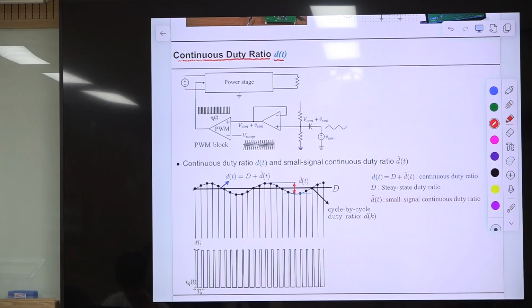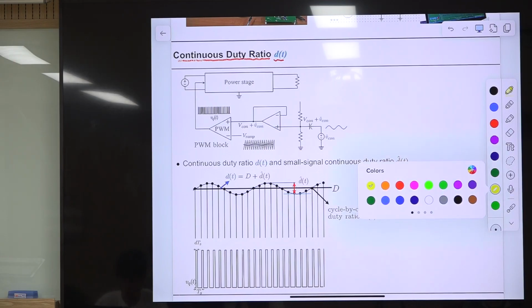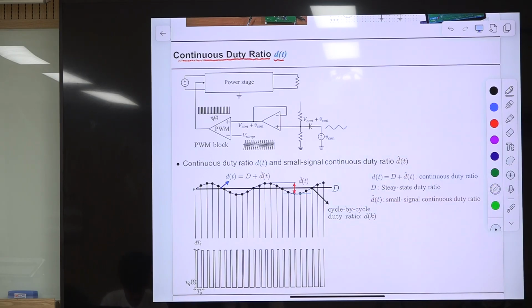It is unnecessary or confusing. Forget about this. This is the switch drive signal.